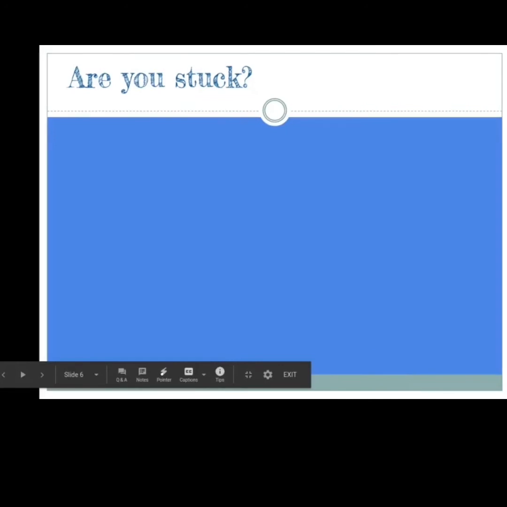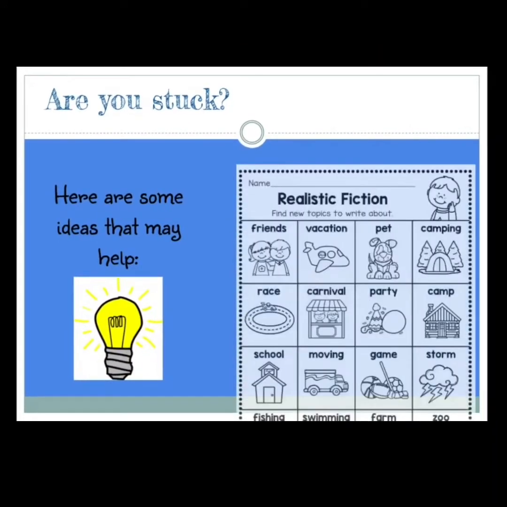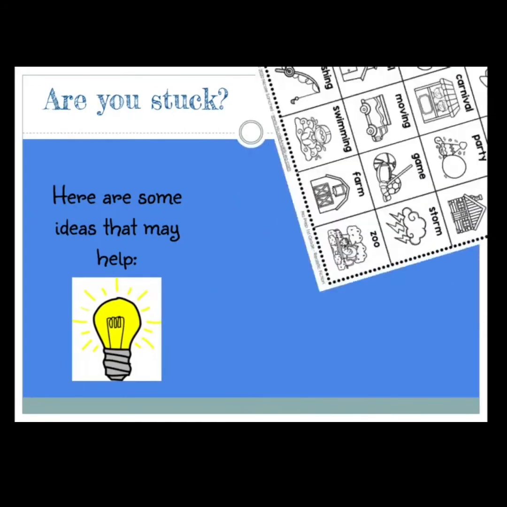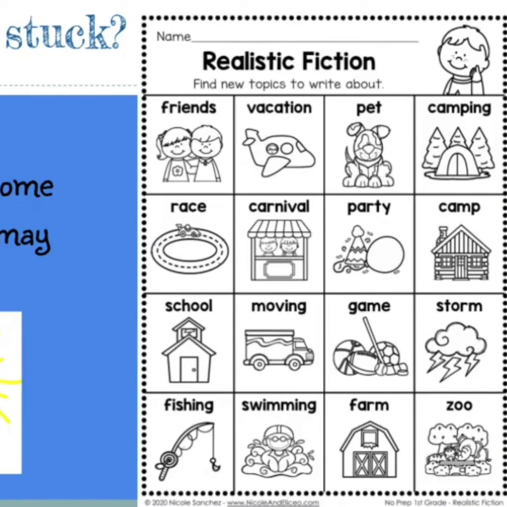Are you stuck? Here are some ideas that may help get you going. This page is in your packet too, so you can refer to it whenever you want. But here are some ideas, some suggestions.